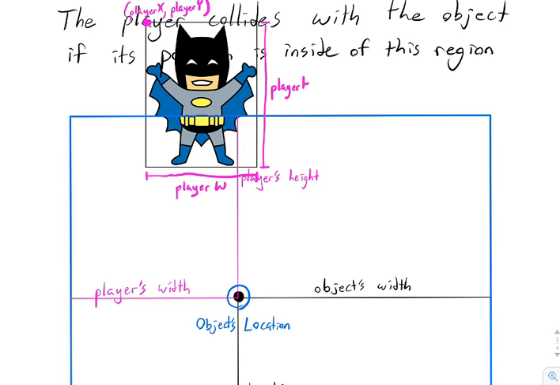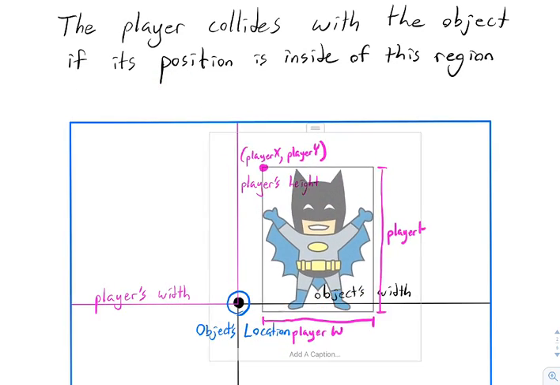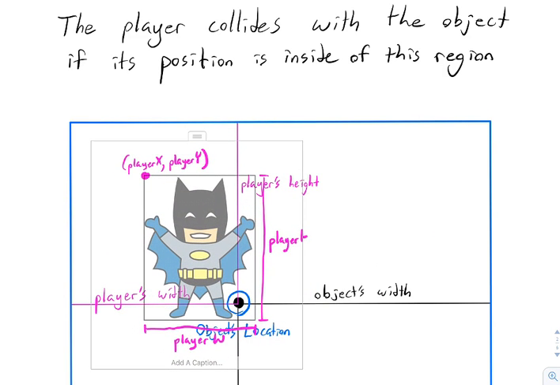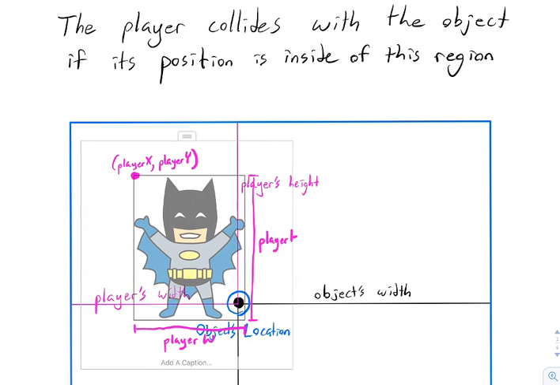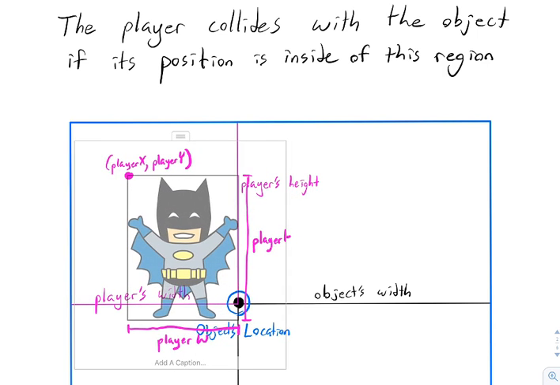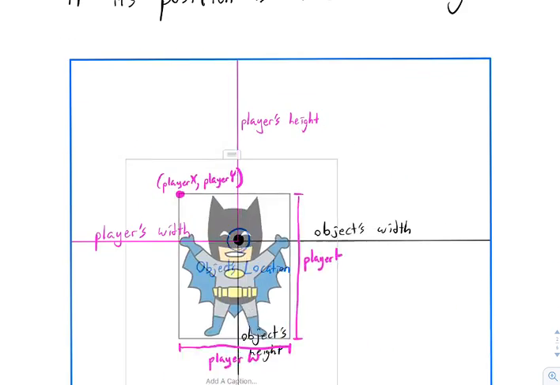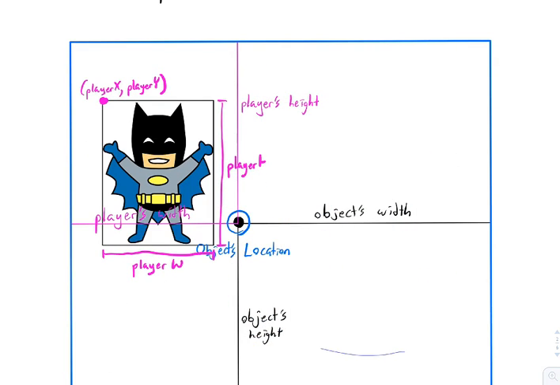My Batman overlaps if it's within the player's height above, if it's within the player's width over here, or both, if it's up into the top left but still within its width. It hasn't left the player's width. It hasn't left the player's height. So as long as the player's position is somewhere in this box, it will be overlapping with the sun that's down here.